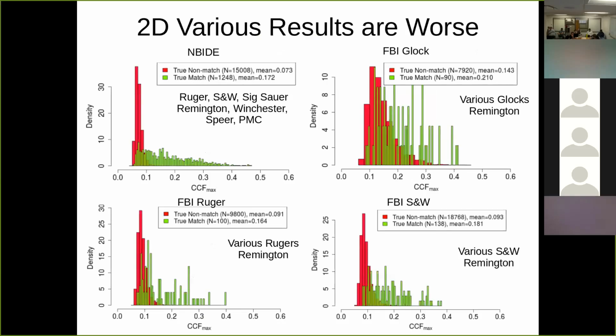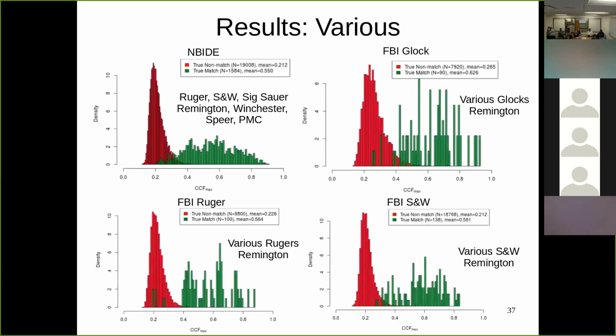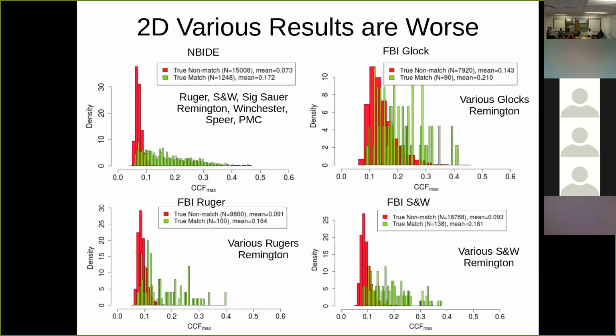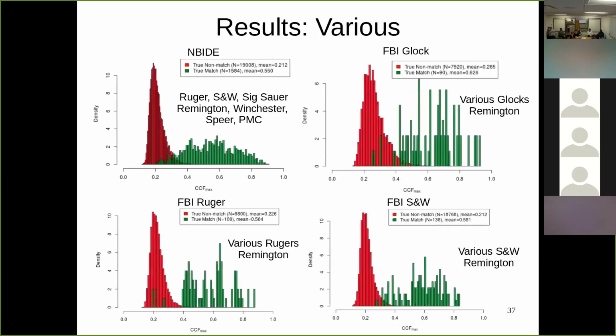So the last set of results that we look at are for what I call the various types of studies. So these are the results from 2D, and these are the corresponding 3D results. So 2D, 3D, and in this case, the 3D results are much better.